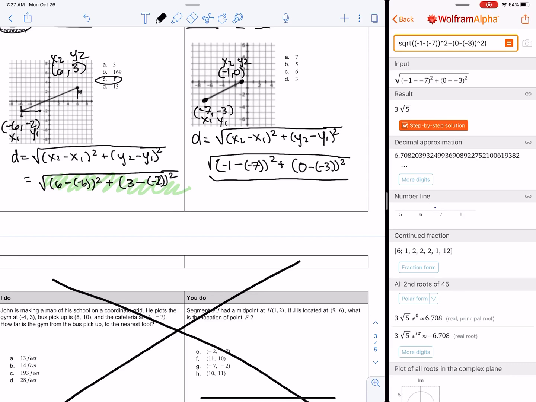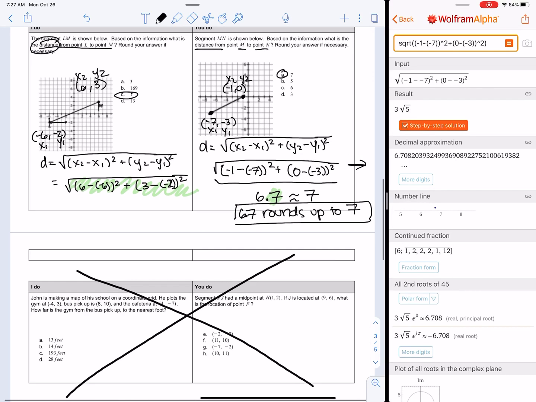So just be careful. So we have the decimal form, which is 6.7. But do we see how this 0.7 is bigger than 0.5? We're going to round up, so 6.7 rounds up to 7, so my answer is A. Very good.